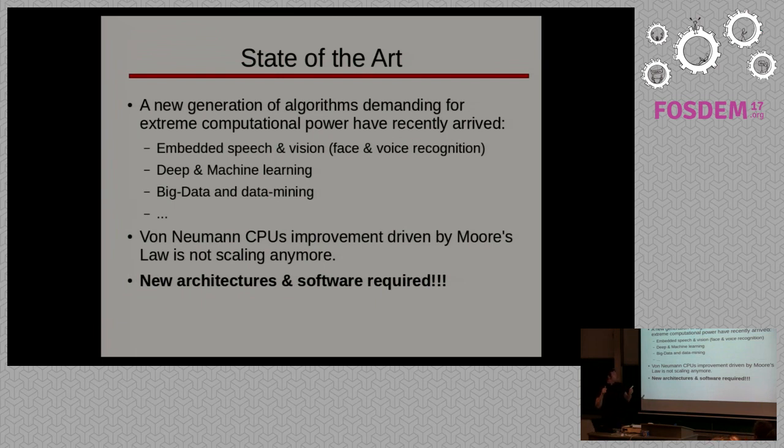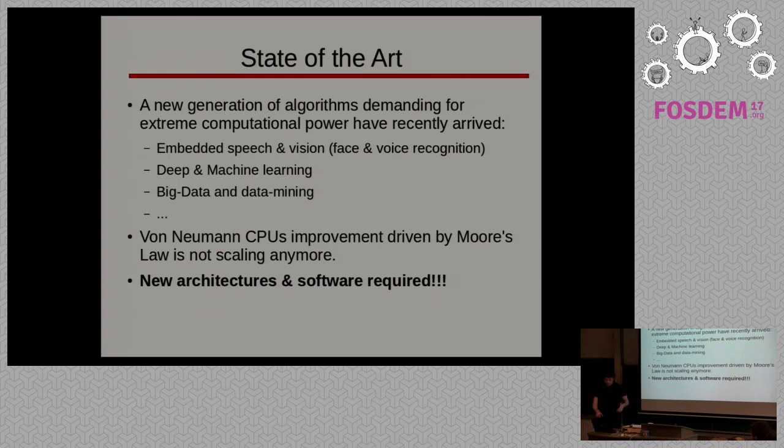All of these algorithms are not very complex in design, but they require a lot of computational power, a lot of math operations and extreme parallelism with the data. In this situation, the von Neumann CPUs, the well-known CPU, that used to be accelerated by the path of Moore's law, is not scaling anymore. And we need to develop alternative architectures in order to take on all these kinds of tasks.